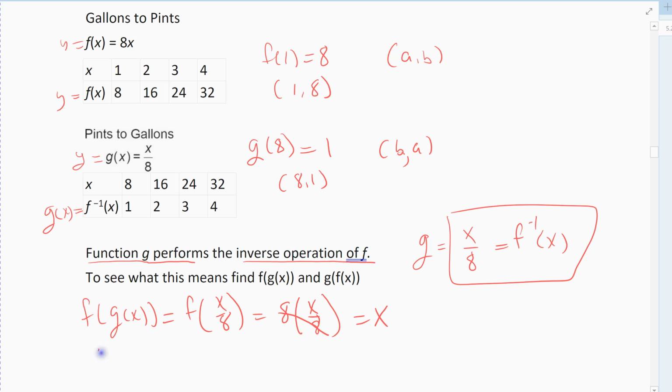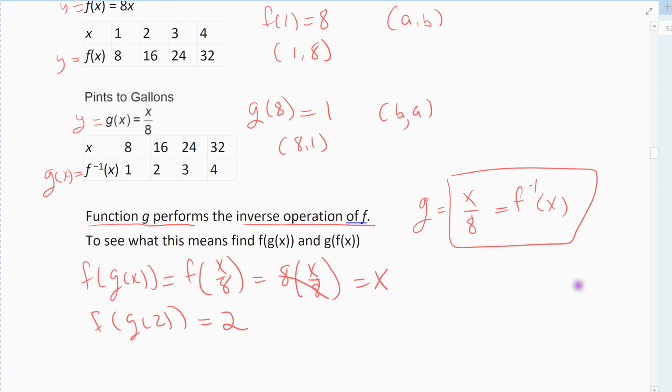If I plug in f of g of 2, I should get 2 out, and I do. Well, g of 2 would give me 2 over 8, which would be 1/4, which would give me 8 times 1/4, which is 2.